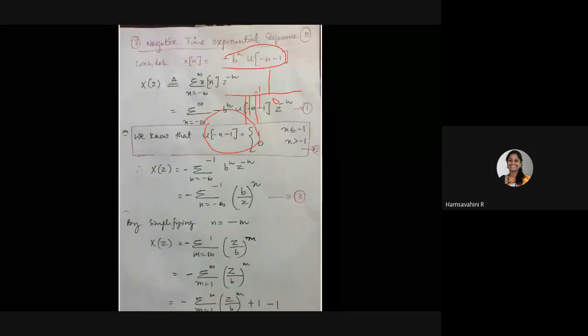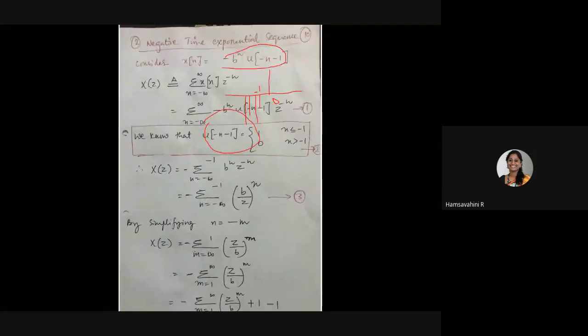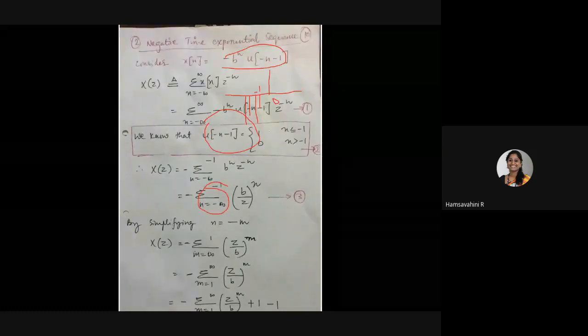So now let us take n common. So we will get b by z to the power n, and this is minus 1 summation n equal to minus infinity to minus 1. So now we need to make this term go from plus 1 to infinity. Since we don't have a geometrical series to simplify this, we need to make this negative range a positive range.